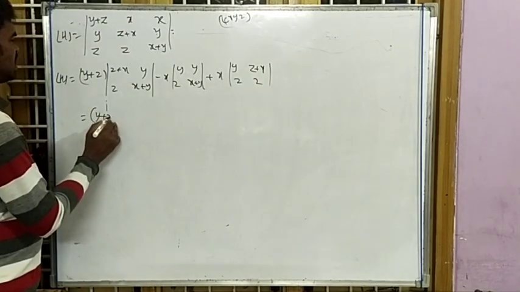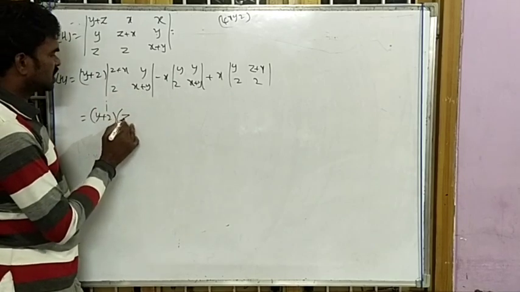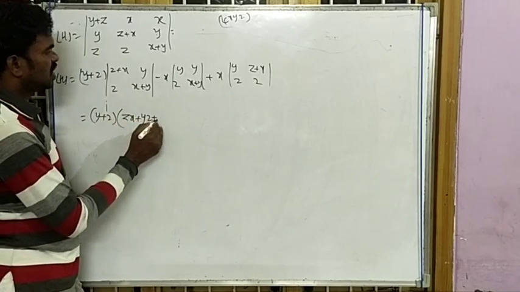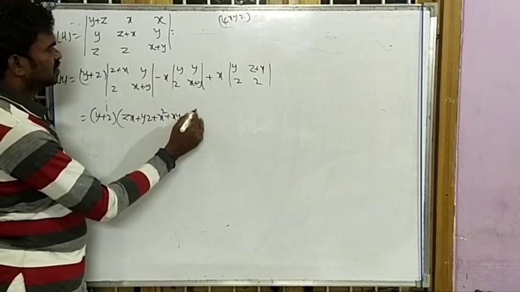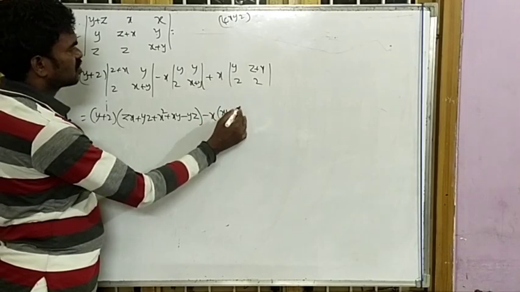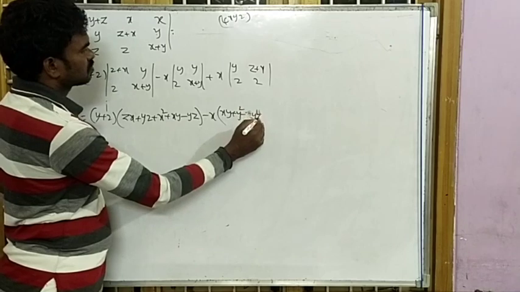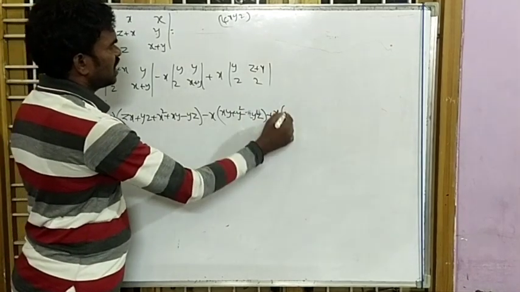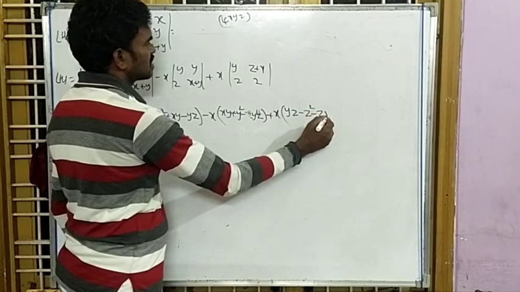So y plus z into z plus x into x plus y. What do you get? z into x, zx plus yz plus x square plus xy minus yz minus x into y into x, xy plus y square minus zy or yz, plus x into y into z, yz minus z into z, z square minus zx.